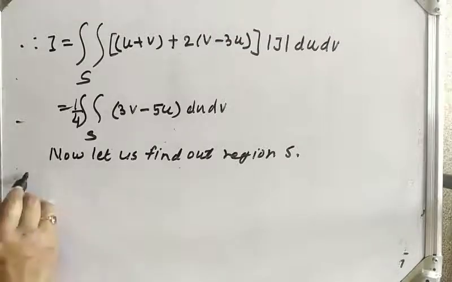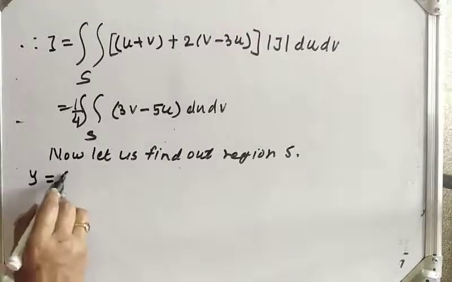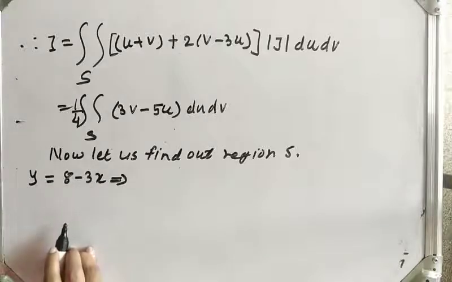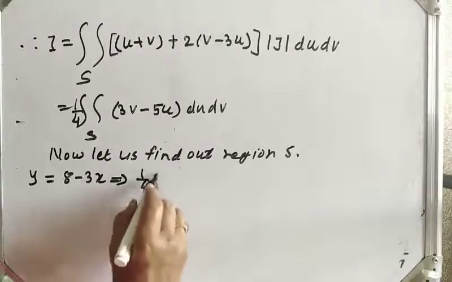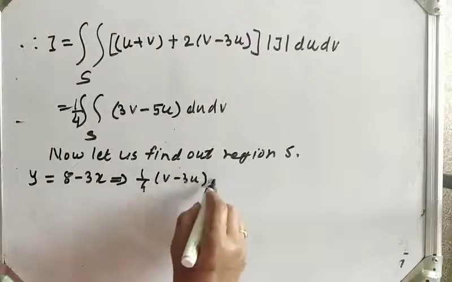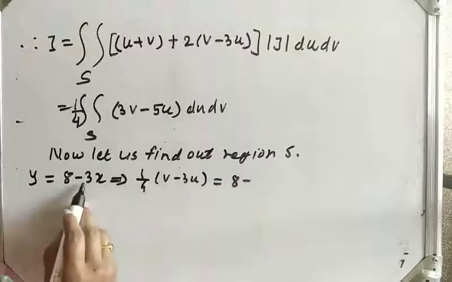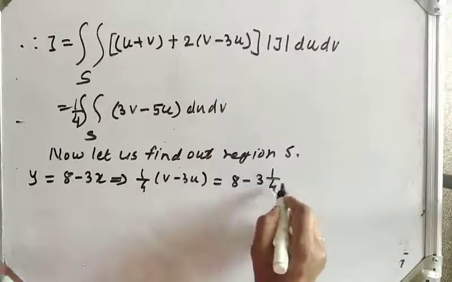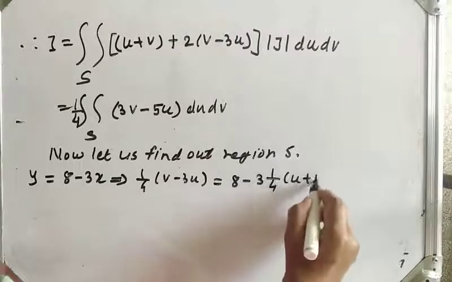What is the first equation? y is equal to 8 minus 3x. This implies, with y as 1 upon 4 (v minus 3u) and x as 1 upon 4 (u plus v), 1 upon 4 (v minus 3u) is equal to 8 minus 3 into 1 upon 4 (u plus v).